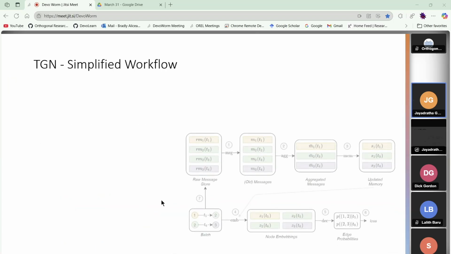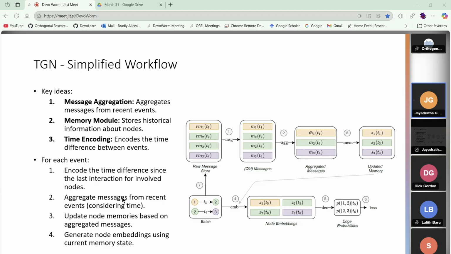So here is the broader view of this. What is the key innovation here? Here they use time encoding. Suppose at t equal to 5 and t equal to 6, I want to see if there is any edge between 1 and 2 at t equal to 5, and if there is any edge between 2 and 3 at t equal to 6.